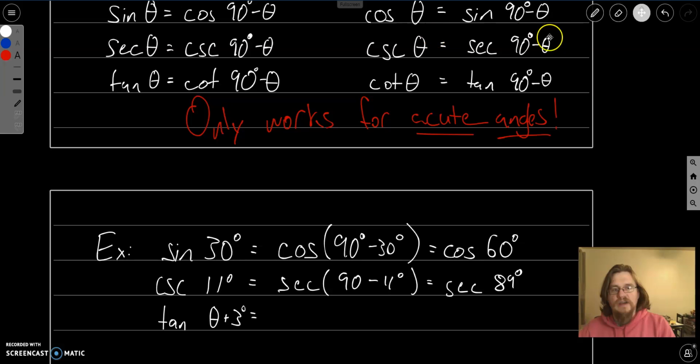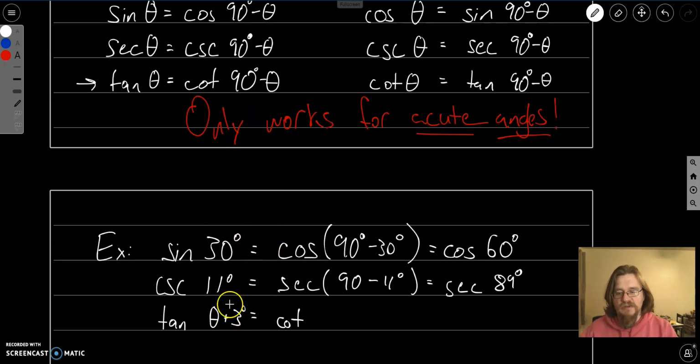So then this last one down here, if we had tangent of theta plus 3, and I want to use my cofunction. Again, the cofunction for tangent is going to be cotangent. And the complementary angle to an angle is going to be the one where if you add it, you'll get 90 degrees.